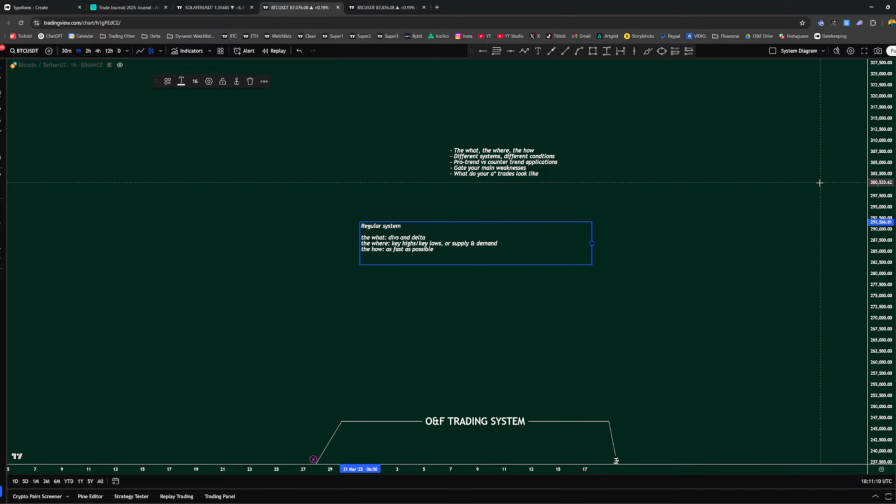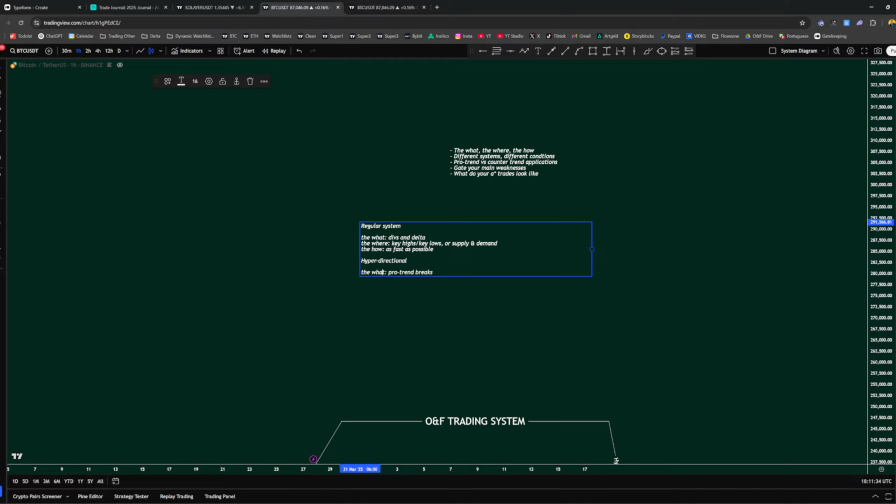Second system is hyper-directional. Right, that's what I've called it. The what is pro-trend breakouts, right? Pro-trend breaks. Essentially, everything in this system is pro-trend because you're following the direction of the market.